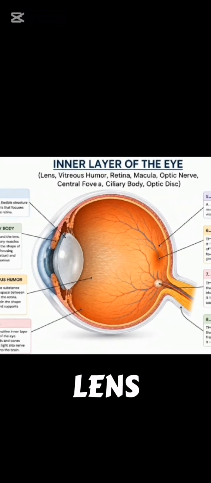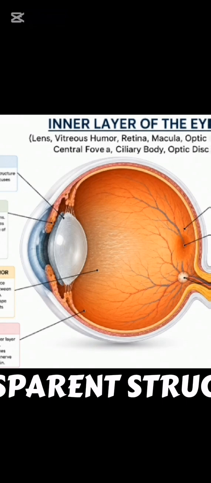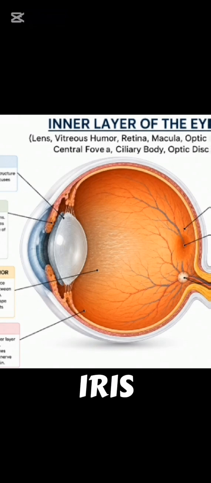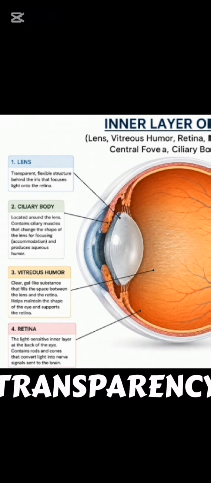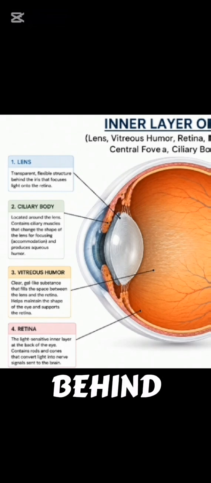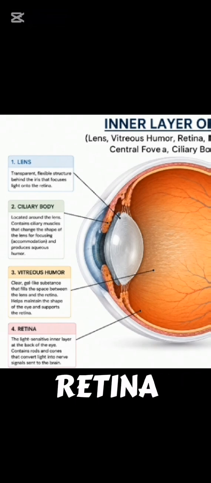The lens is a transparent structure that is found behind the iris. It helps to focus light into the retina. The lens is a transparent, flexible structure behind the iris that focuses light into the retina.